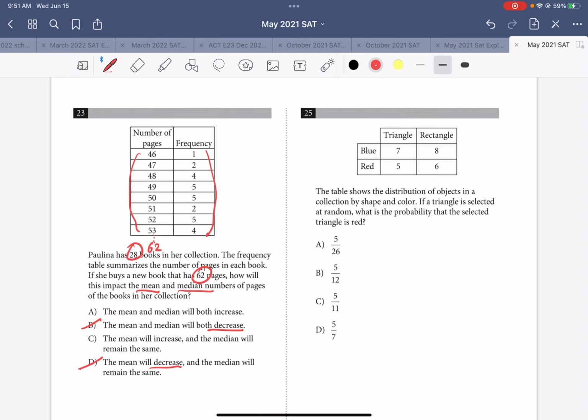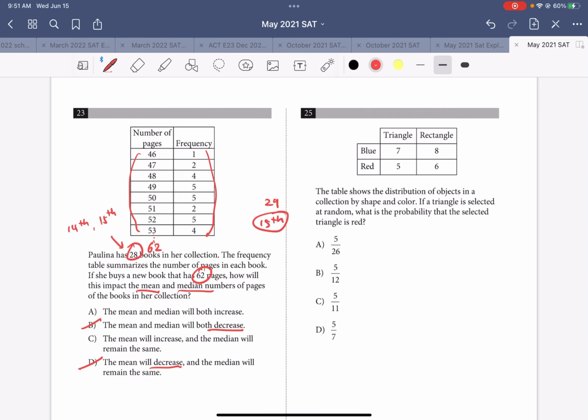Originally you have 28 data, now you add one more, so 29 data. Then the 15th one is your median, and before, it was the average of the 14th and 15th, because that's an even number of numbers.